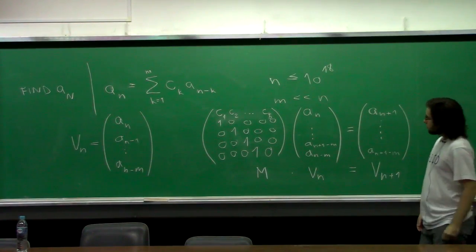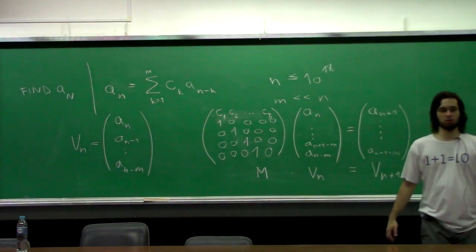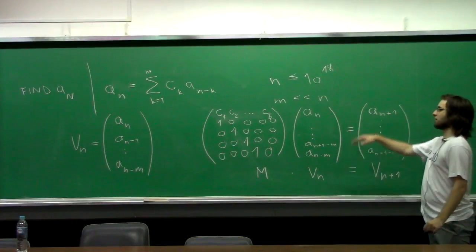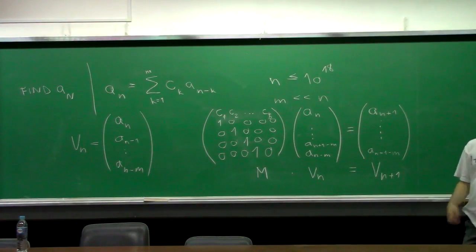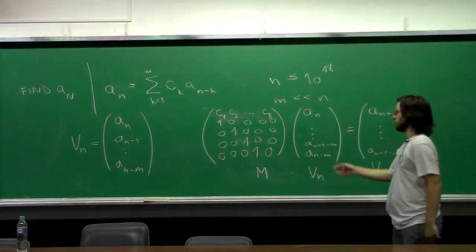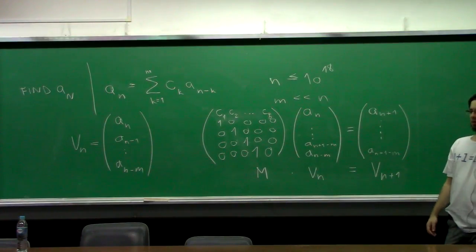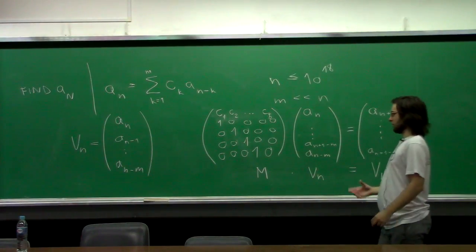Since this is multiplication of matrices and vectors, or if we consider a vector to be just a matrix with only one column, then multiplication of matrices is not commutative. We cannot just swap these terms in any way, but it's associative. It doesn't matter in which order.